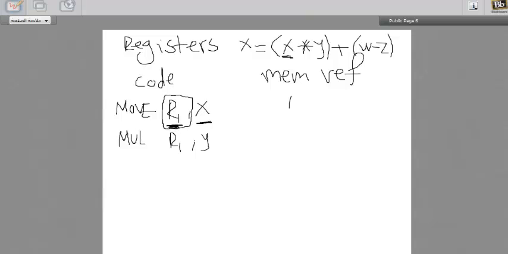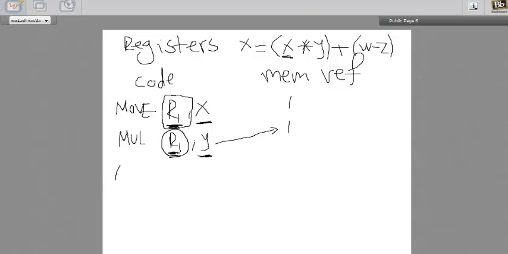R1 holds the value of x now, right? How many times do we need to access the memory? Again, only once. R1 is source and destination, so we take the value of R1, multiply it by y, and store it back. But this is already inside the CPU, so it's not accessing the memory, which is good. We only need to access it once, only for the y. Now we finish this part.